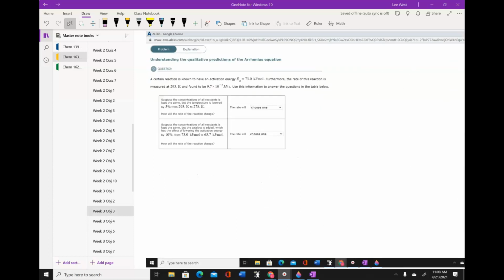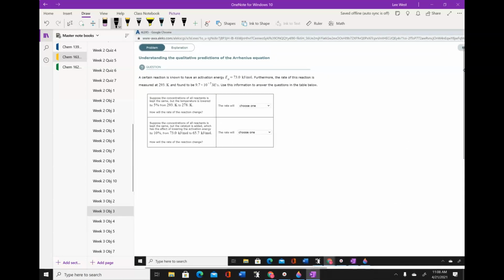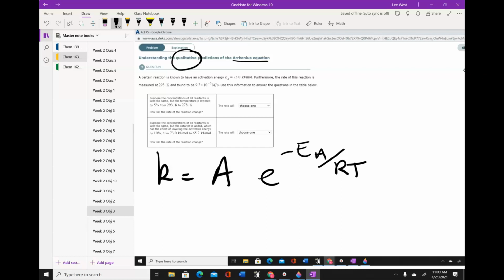So in this problem, we're looking at the qualitative predictions of the Arrhenius equation. So we should write out the Arrhenius equation. It is written like so: k equals A e to the minus Ea over RT.